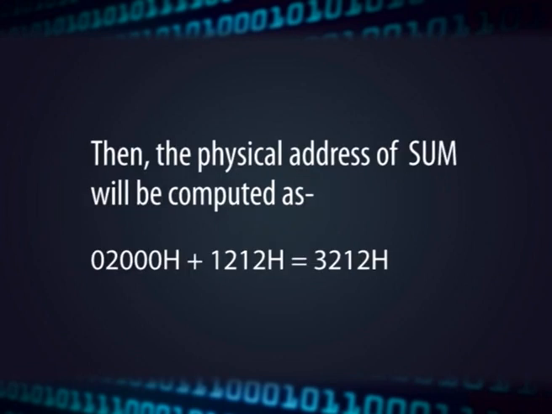Then the physical address of sum will be computed as 0200 with 0 appended, that means it becomes 2000 hex, plus 1212 is added, which makes the address 3212 hexadecimal. The contents of memory location 3212H are then used to store the contents of AL.